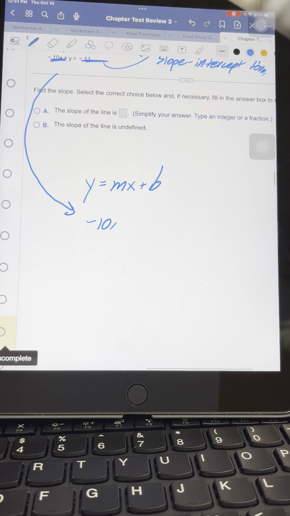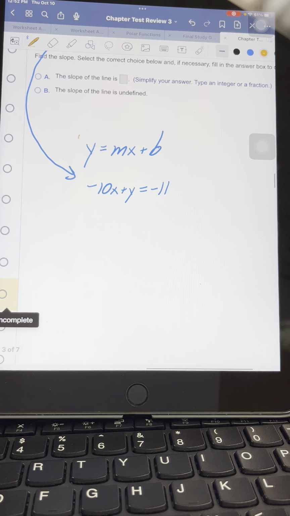Now let's change this into the y equals mx plus b format so then we can have our slope and we'll have our y-intercept. So plus 10x, plus 10x, we'll have y equals 10x minus 11.